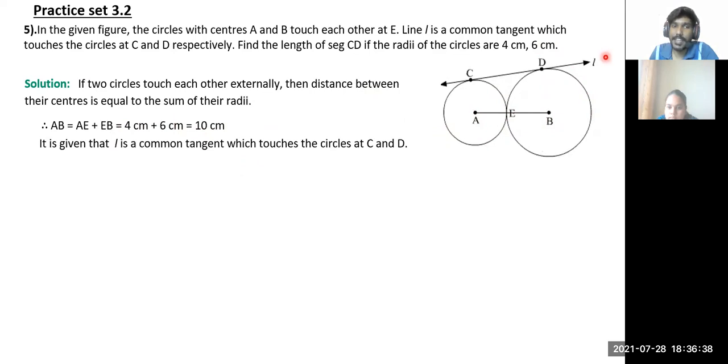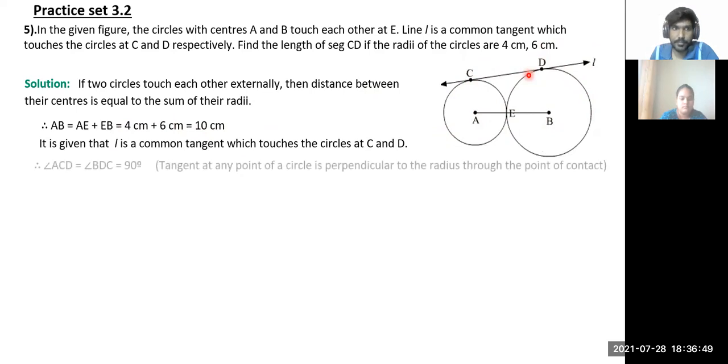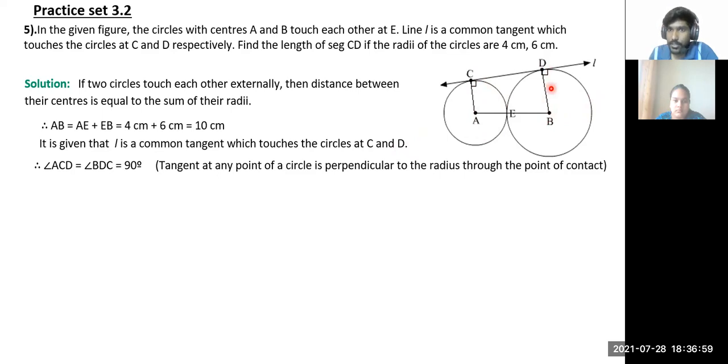Now, it is given that L is a common tangent to the circles and it touches the circle at point C. So it touches the smaller circle at point C and the bigger circle at point D. Now, here you'll have to use the tangent theorem. That means you join AC and you join BD. AC is the radius of the smaller circle, BD is the radius of the bigger circle. And the tangent theorem says that the radius is perpendicular to the tangent.